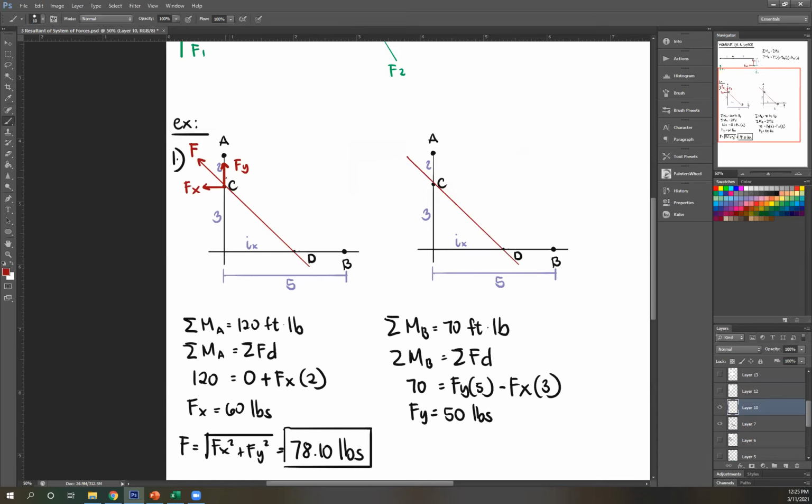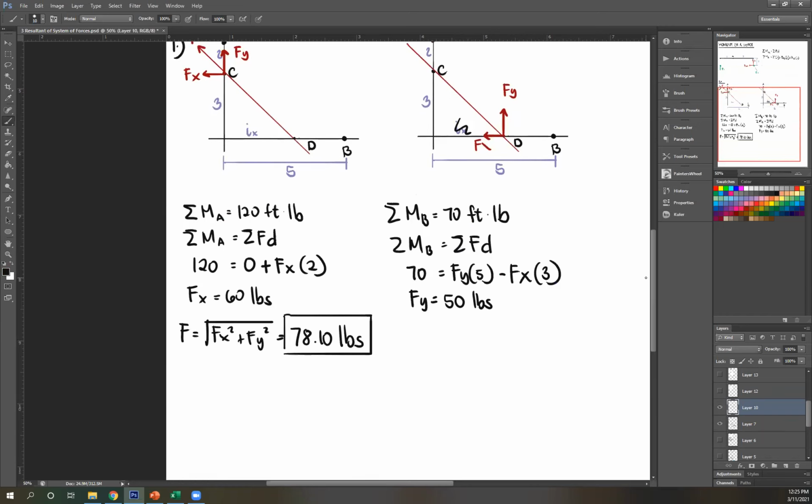So instead of there, if I put my components here, to get a summation of moment about a certain point, I'm going to need Ix. How? If I take the moment about B, for the distance of Fy about B, I'm going to need this distance, right? Which is just 5 minus Ix. So let's create an equation out of that.